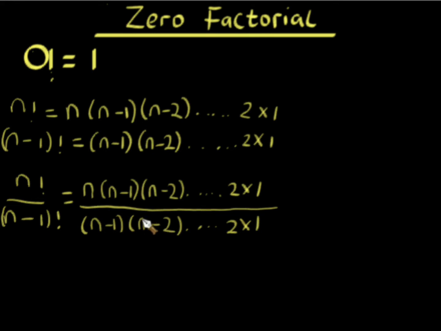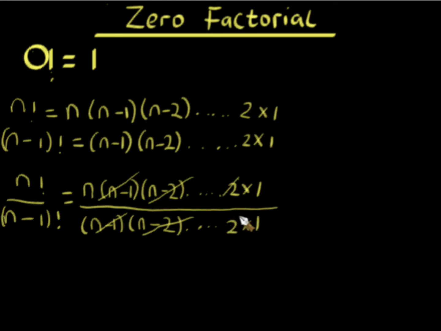Following the laws of division, you see that there are some common terms here that can cancel out. For instance, n minus 1 is at the numerator and n minus 1 is at the denominator, so this goes. Yes, it cancels out. n minus 2 is at the numerator and n minus 2 is at the denominator, so this goes. And it happens in that same pattern till you get to 2 times 1.